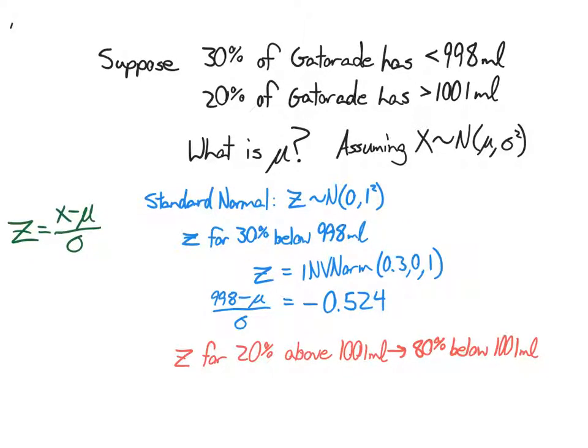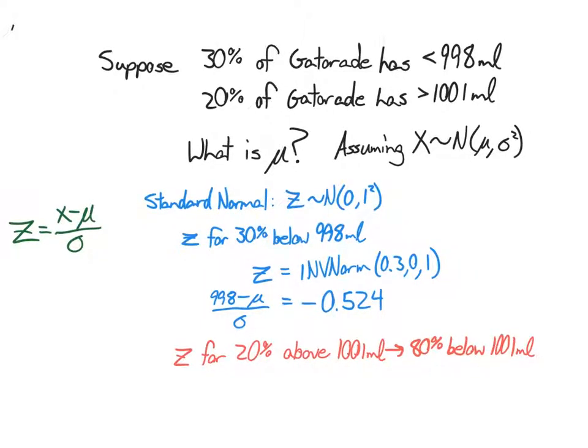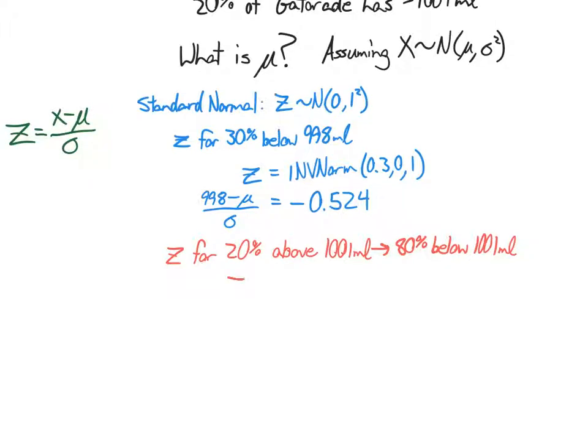So that Z is going to equal the inverse norm with not 1001, with a 0.8, 0, and 1. 0.842.